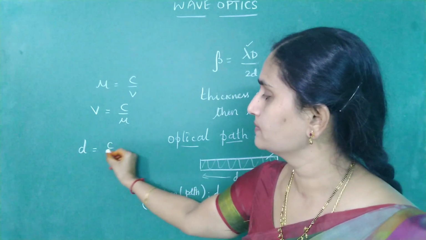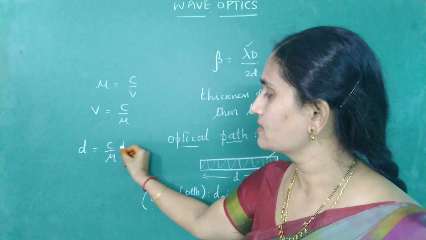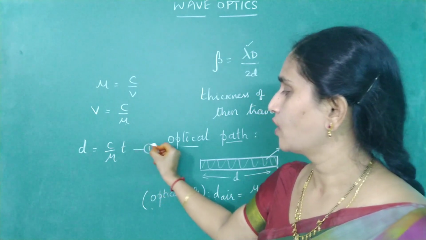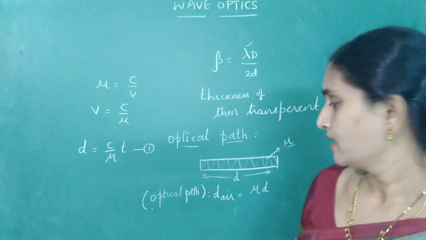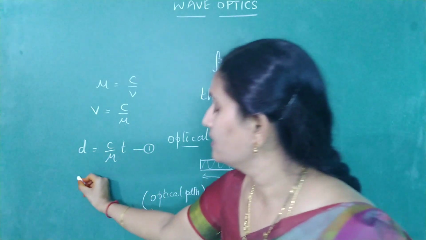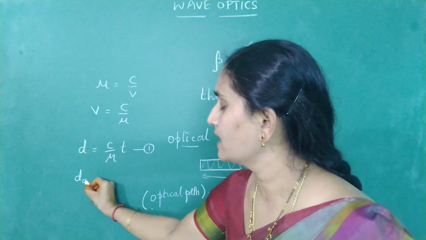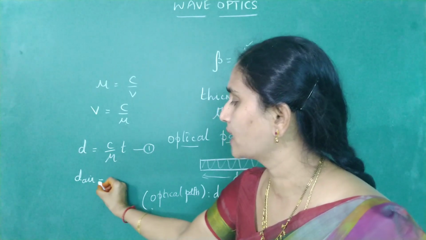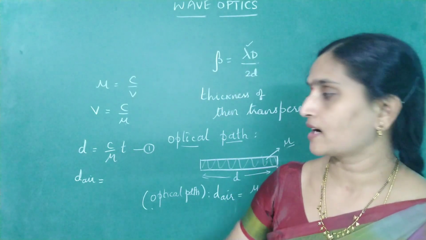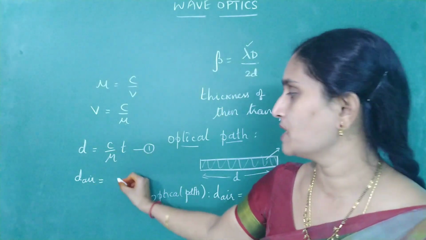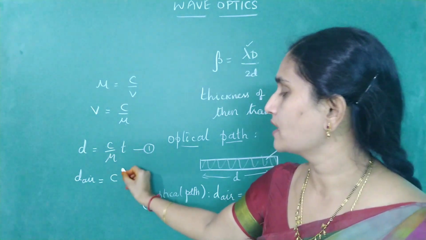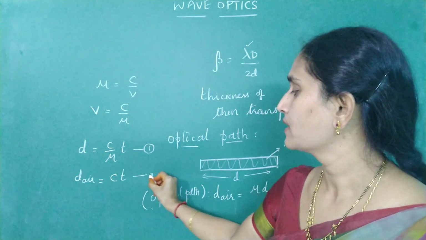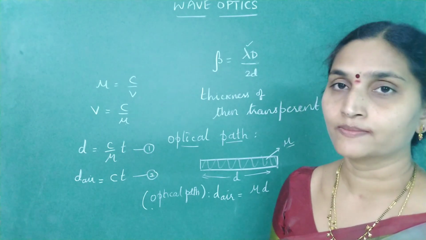Speed is c by mu, time taken is t. Call this equation 1. And let us calculate the distance covered by light in air in the same interval of time. Because the speed of light in air is c, in the same time t, call this equation 2.